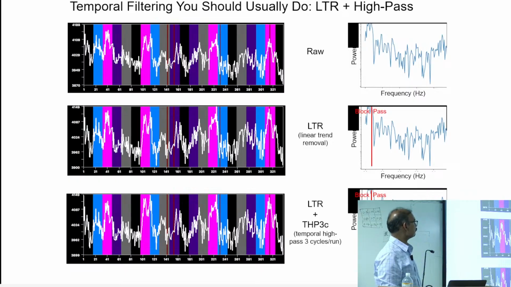In this case, this is the raw signal, you remove the linear trend, and then you allow a specific frequency to pass through and look at how the frequency signal is.